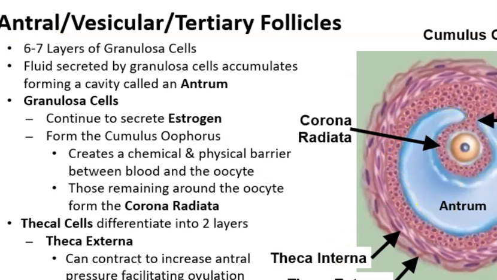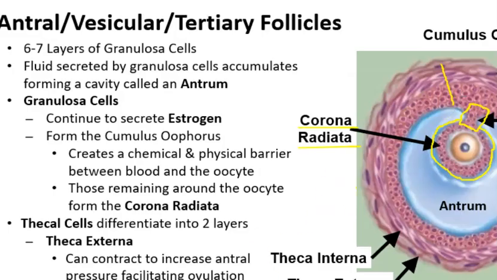Instead, the fluid in the antrum is separated from the oocyte by a ring of granulosa cells that have been termed the corona radiata. And the whole corona radiata, suspending this oocyte, is attached to the rest of the follicle wall by this structure called the cumulus oophorus.